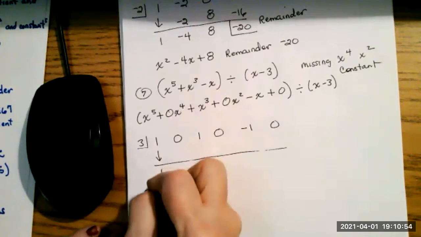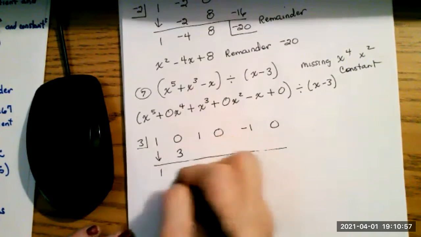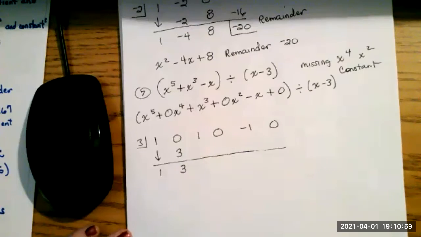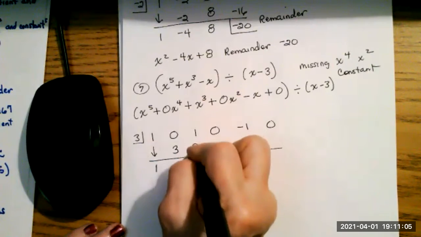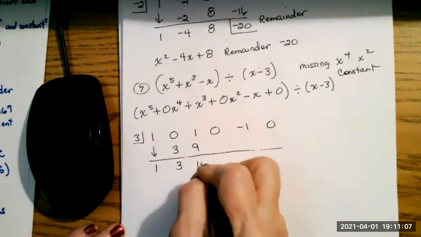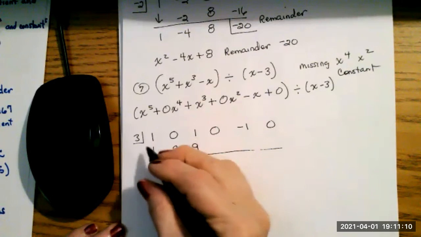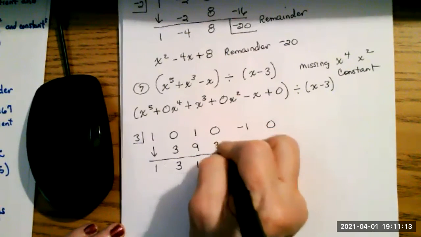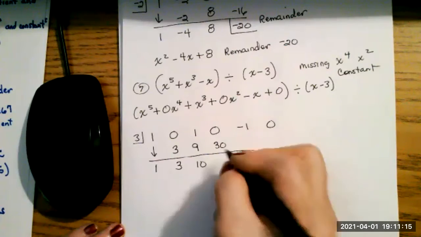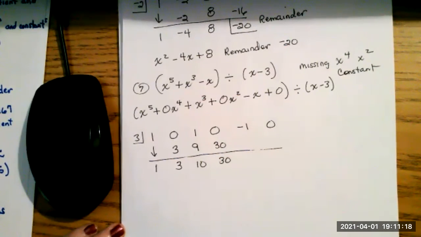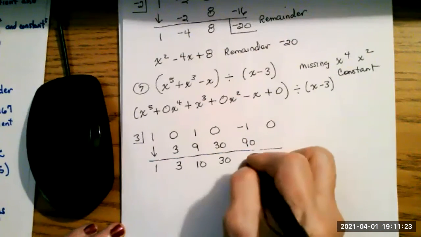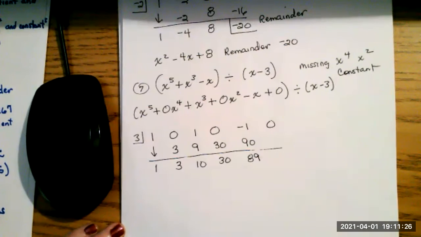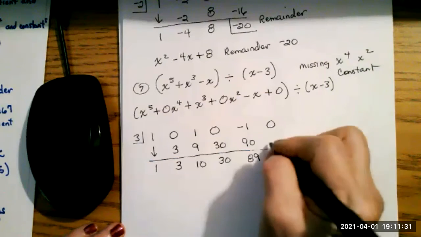Okay, so you have 1. 3 times 1 is 3. 3 plus 0 is 3. 3 times 3 is 9. 9 plus 1 is 10. 3 times 10 is 30. 30 plus 0 is 30. 3 times 30 is 90. 90 minus 1 is 89. 3 times 89 is 267.